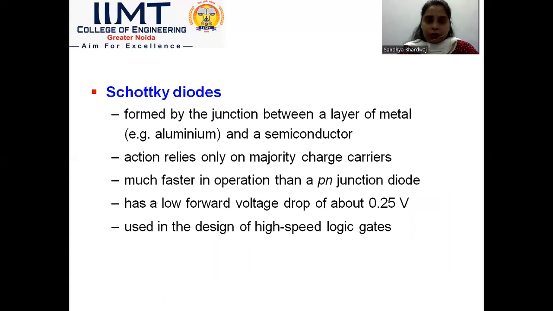Like the Schottky diode, formed by the junction between a layer of metal, for example aluminum, and a semiconductor. Schottky diode action relies only on majority charge carriers, and it is much faster in operation than the PN junction. It has a low forward voltage drop of about 0.25 volt. It is also used in the design of high-speed logic gates.